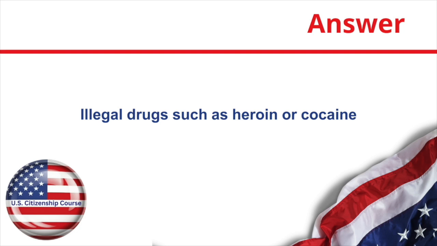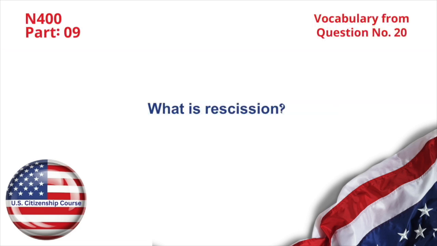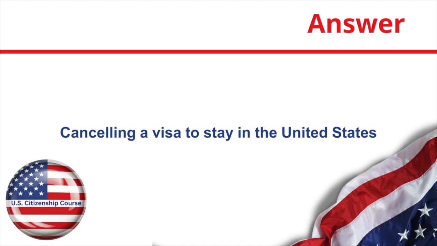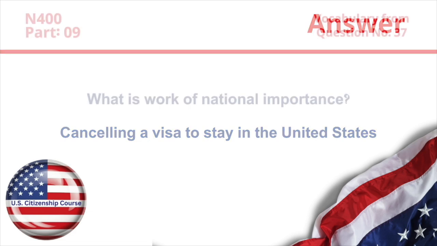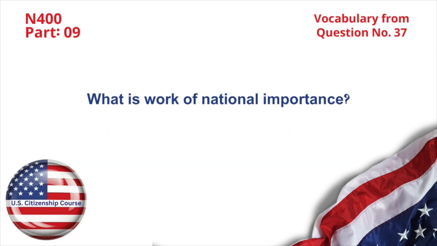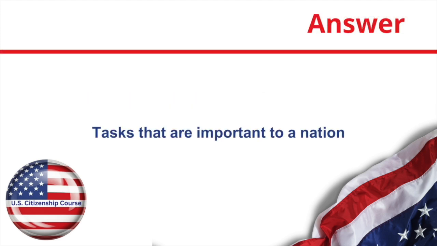Illegal drugs, such as heroin or cocaine. What is rescission? Canceling a visa to stay in the U.S. What is work of national importance? Tasks that are important to a nation.